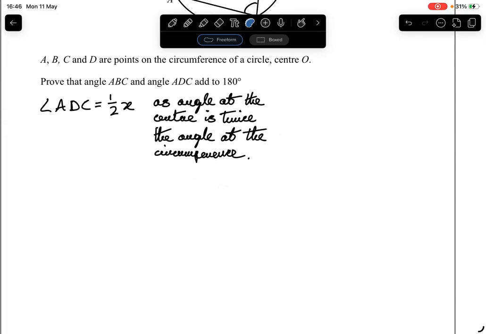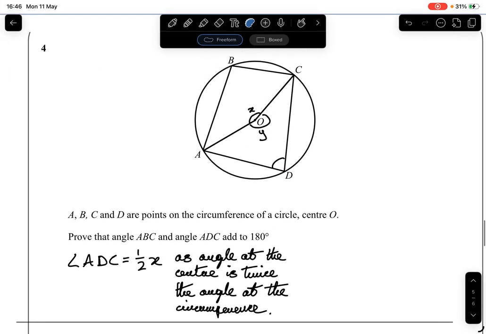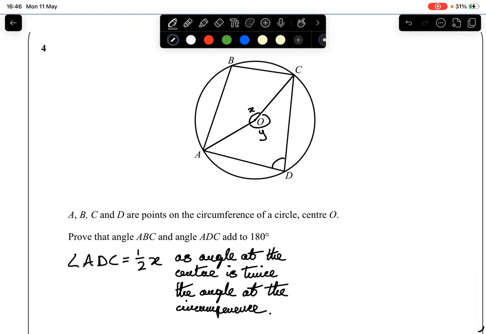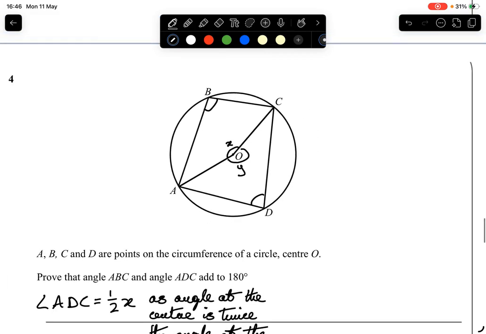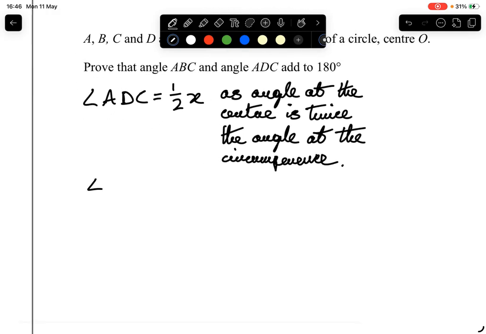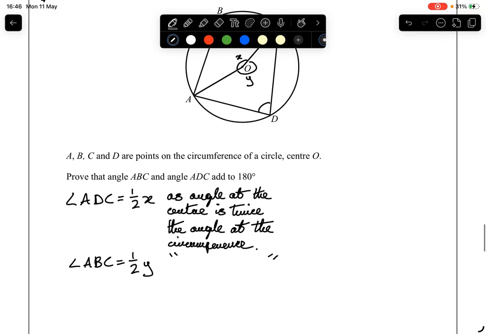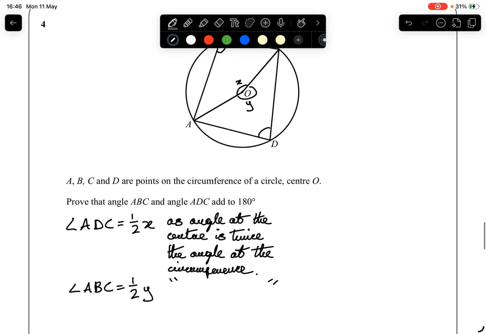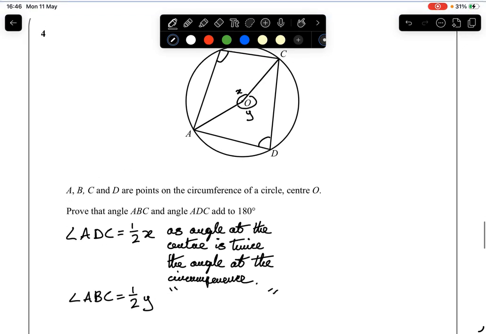Then I can also say that angle ABC is 1/2 Y for the same reason. Again, in the exam, I would write the reason. I'm just not here because it's not necessarily required.